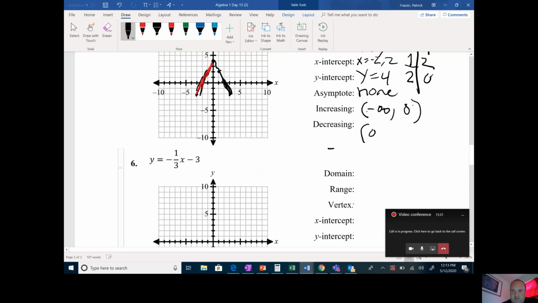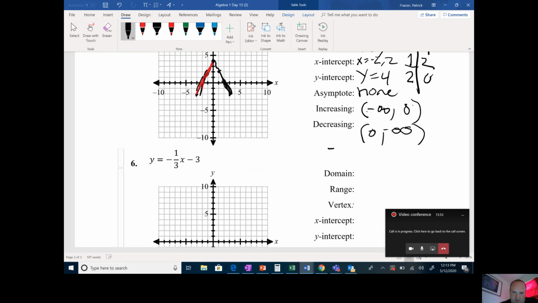And then from 0, as we move to the right, the outputs are going down. And then again, in this case, to negative infinity, just because the thing is going down now. It's going towards negative infinity.